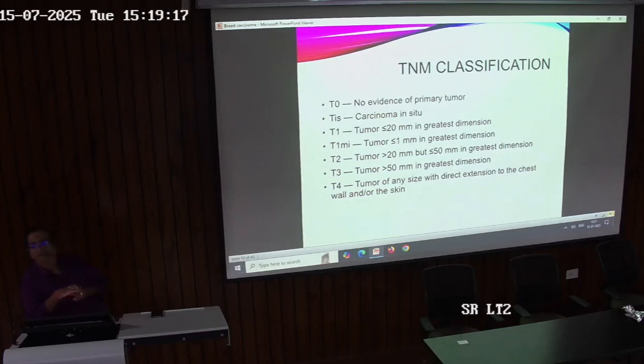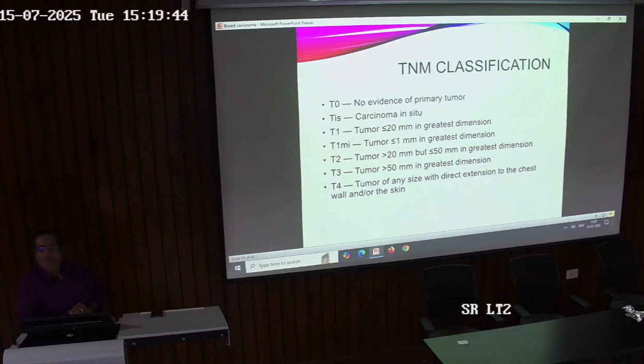If it is not there, why is it written in the TNM classification? In every TNM classification, if you have studied or remember by any chance, there is always T0, no evidence of primary tumor. What does that mean? Sometimes the staging may be written as T0, N1, M0 or M1.